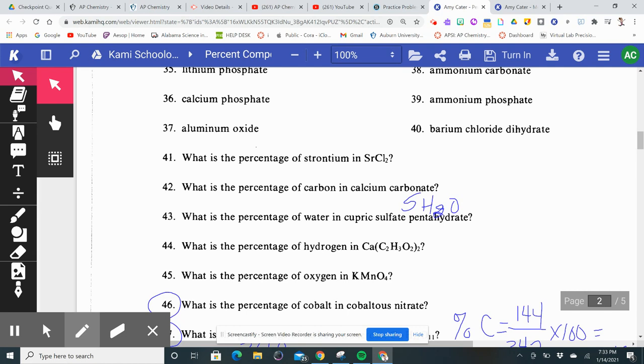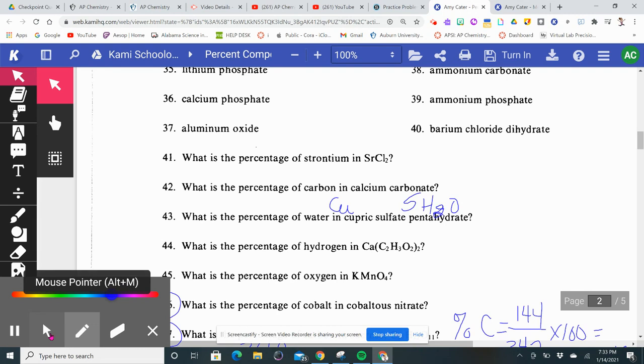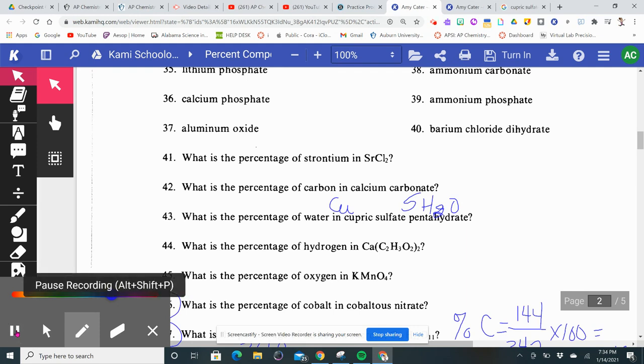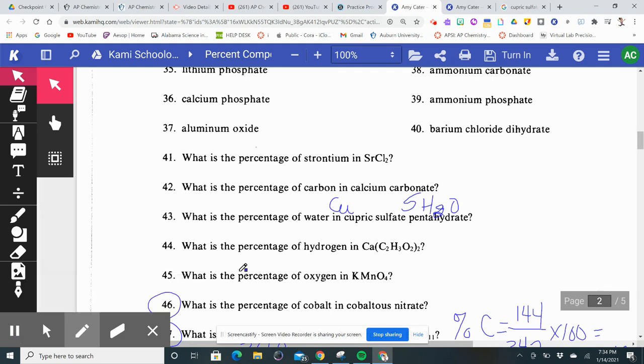It's just copper sulfate. So that would be Cu. Hang on. Let me make sure we know which copper it is. Okay, so yeah, this is copper 2, copper with a +2 charge. And then, of course, sulfate is SO4.